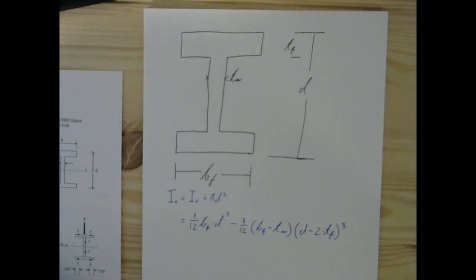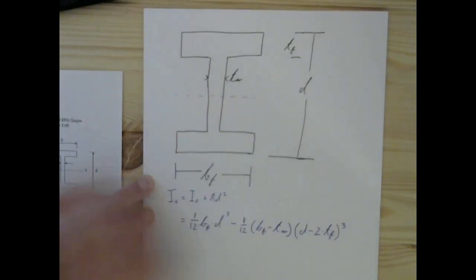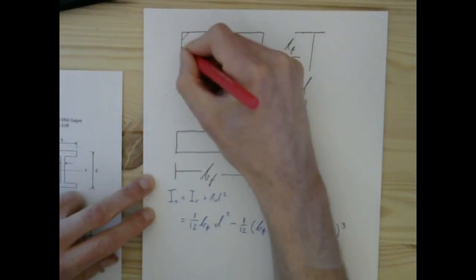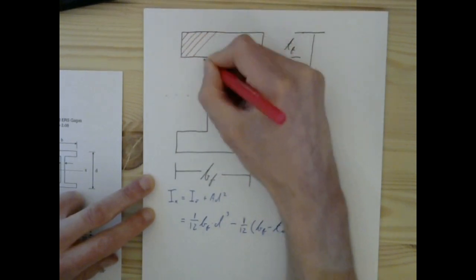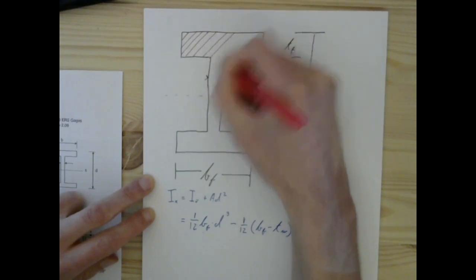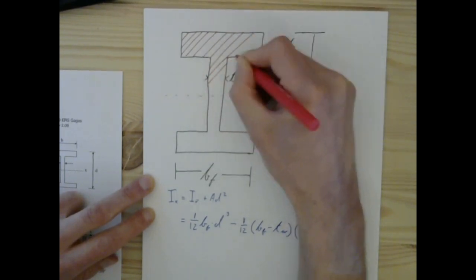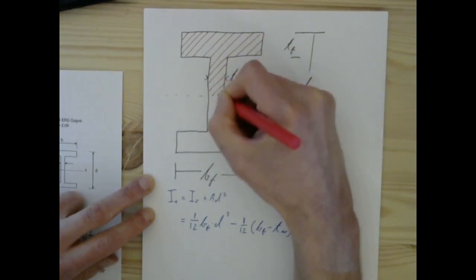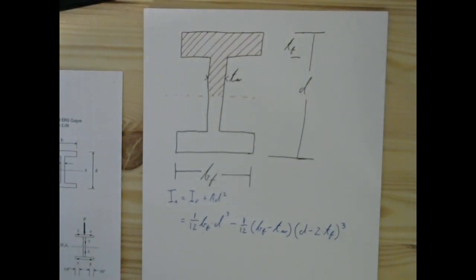So when we're considering Q for that, we're going to need to cut at the neutral axis, and we're going to have to consider all the area above the neutral axis for our first moment of area calculation. So we're going to do that.